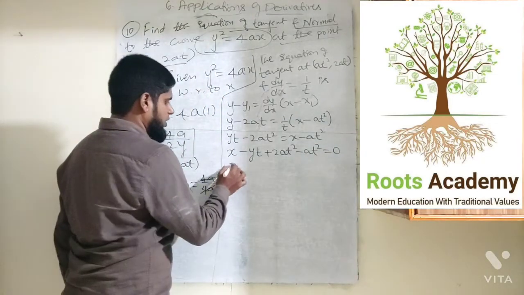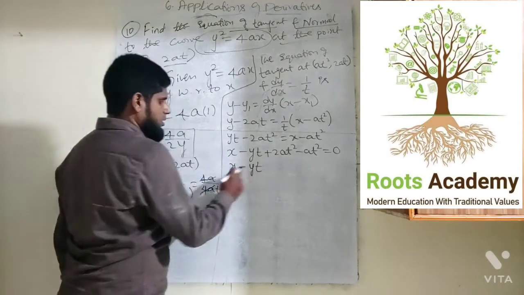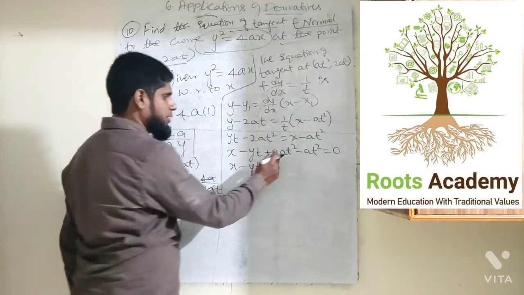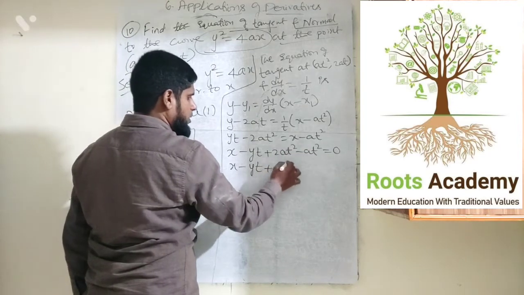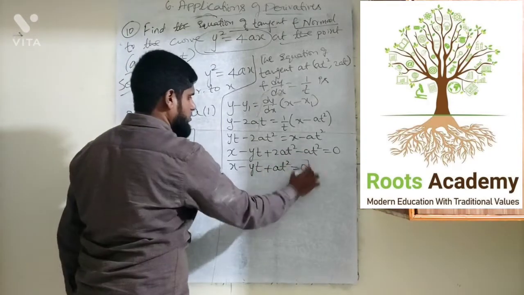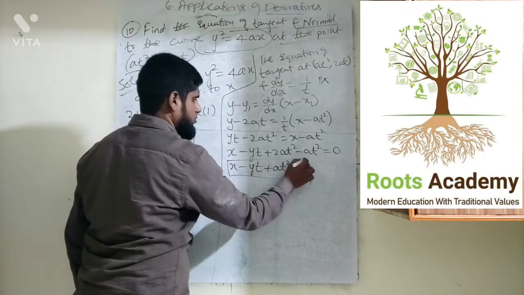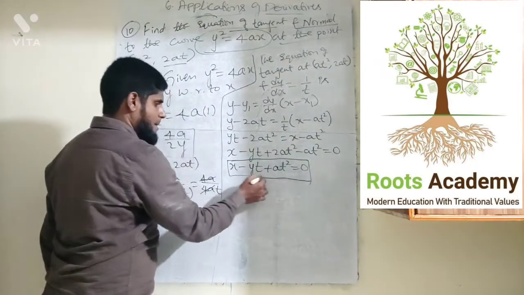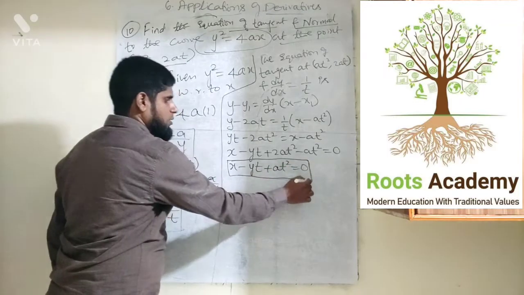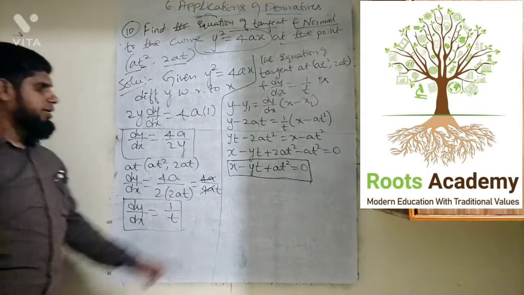So the final equation of tangent is x minus yt plus at square is equal to 0. This is the equation of tangent.